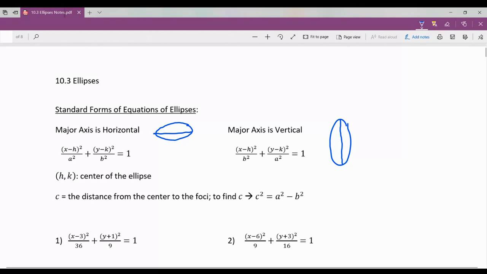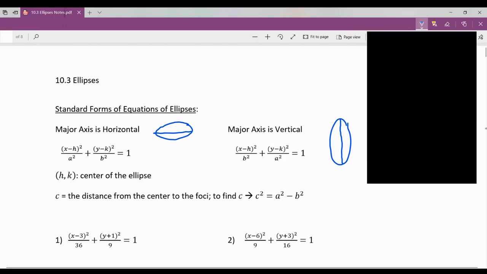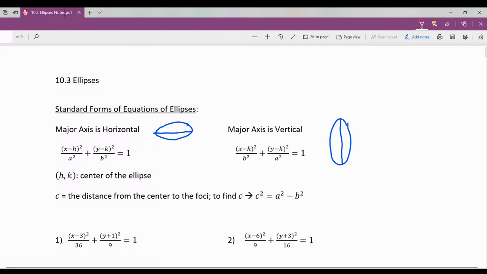And just like in parabolas, last section we talked about a parabola having a focus, which is a point inside of the parabola. The plural of focus is foci, and an ellipse will have 2 of them, and they lie on the major axis.